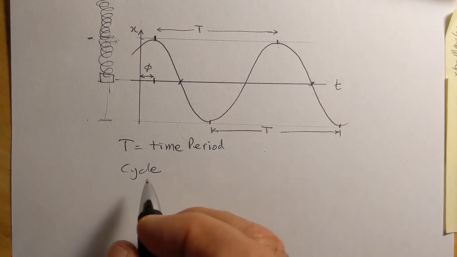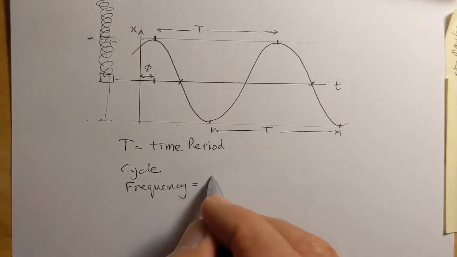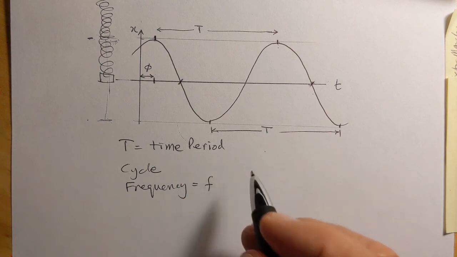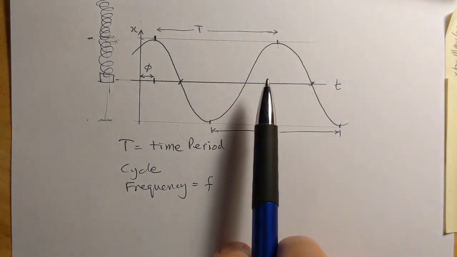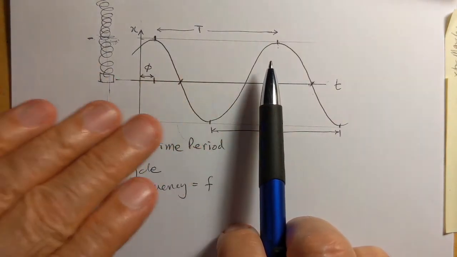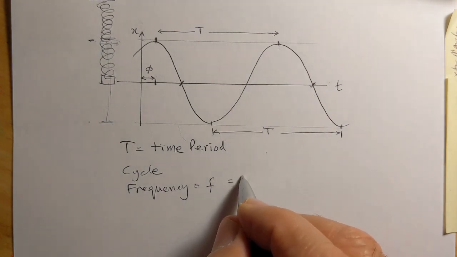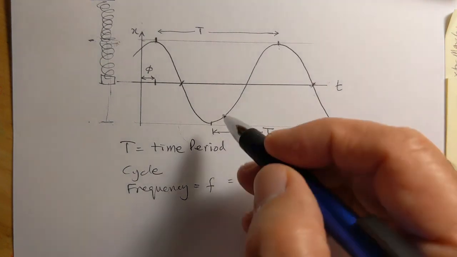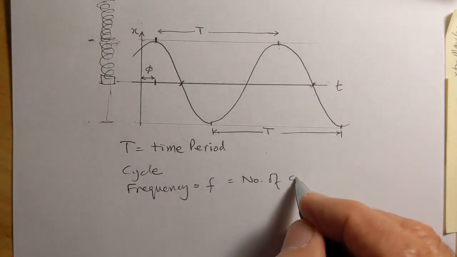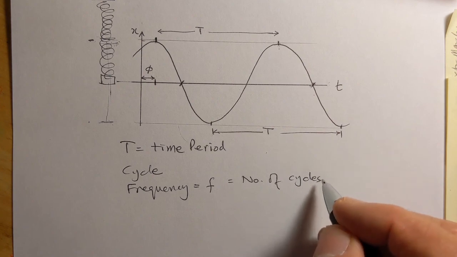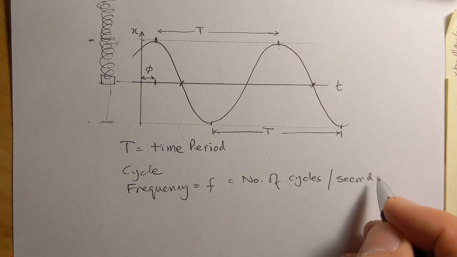And we also define the frequency, which we write as f, and that is, if you have a point here, then how many waves will cross that point in 1 second. So that is equal to the number of cycles, let's say this is the crest, that are completed per unit time, which is normally a second.